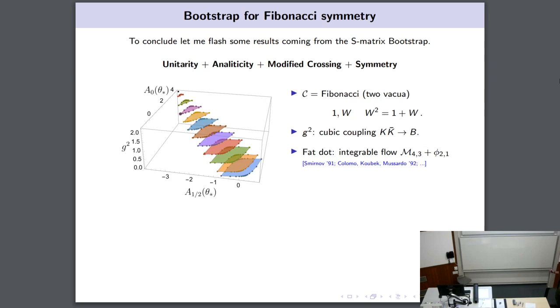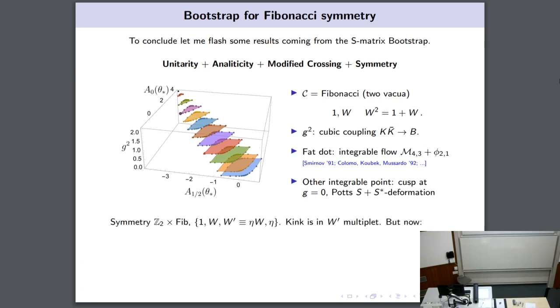Then there is a special point also here that I didn't have in this figure at G equals 0. And you can ask what is special about G equals 0. So at G equals 0, you can match it with some deformation of a CFT, which also preserves the Z2 symmetry. And the symmetry is Fibonacci times Z2, which is these 4 lines.